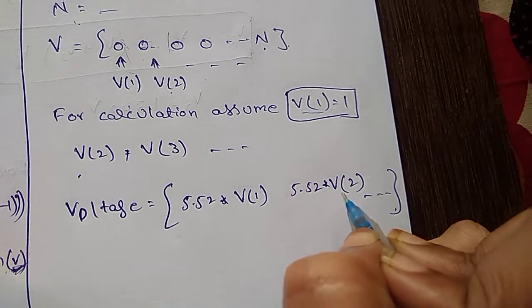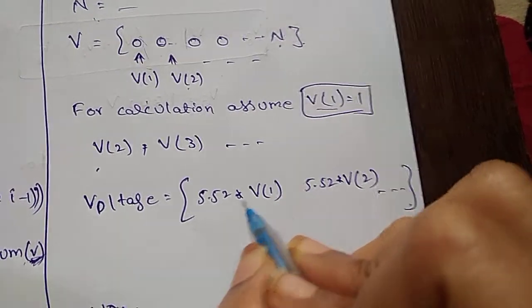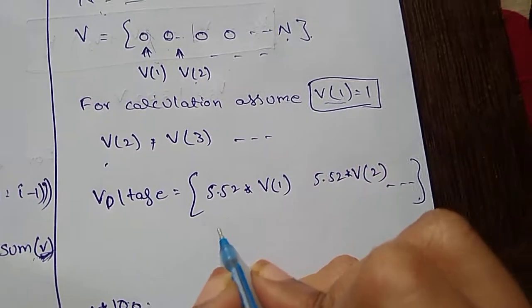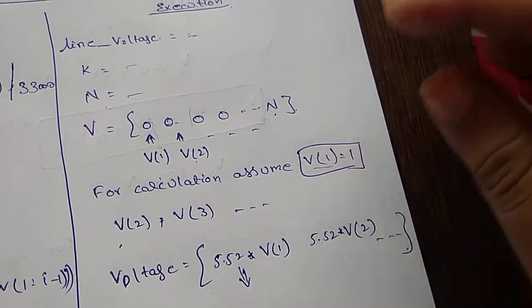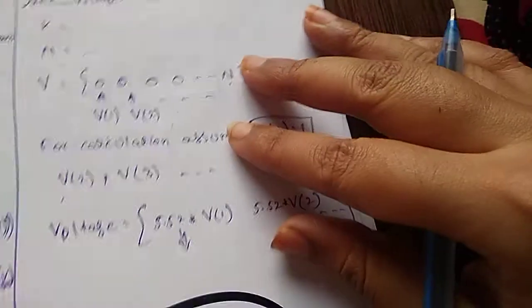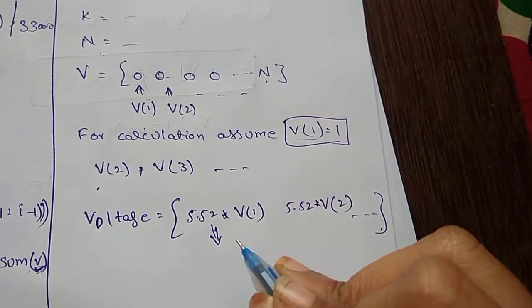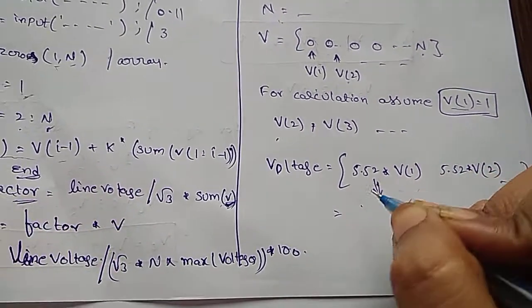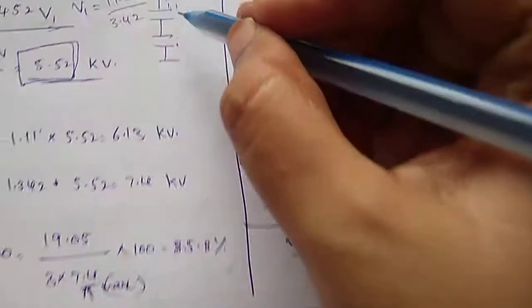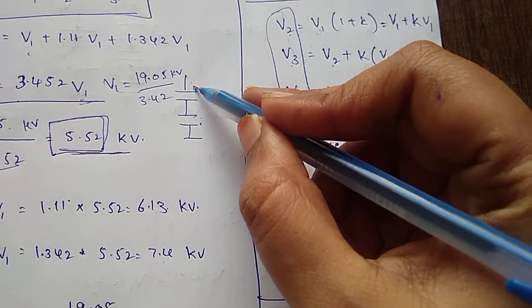In a similar fashion, if I perform this, I get the total voltages. So these are the phase voltages. Already I said, we call line to line voltages, that means phase voltages.